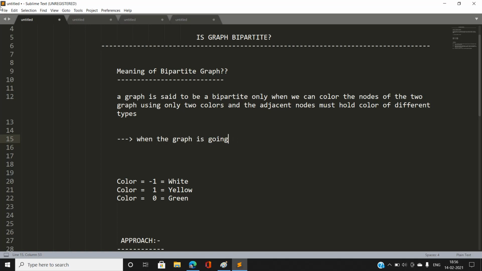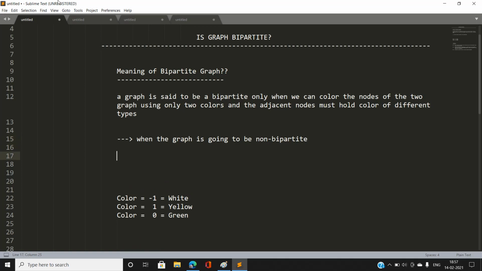Let me write clearly, when the graph is going to be non-bipartite, our answer would be: only when the graph contains a cycle of odd length. So if we find a cycle of odd length in any of the connected components of this graph, then we can claim that our graph can't be a bipartite graph.